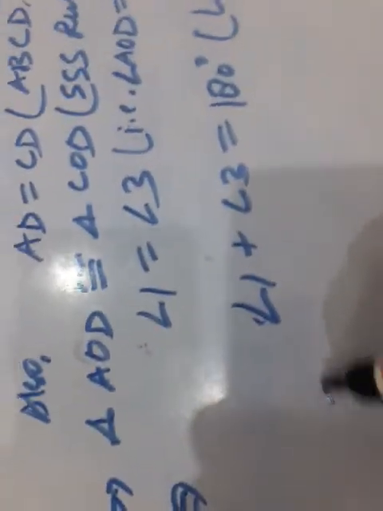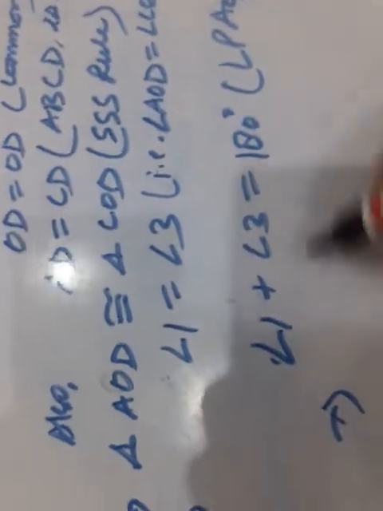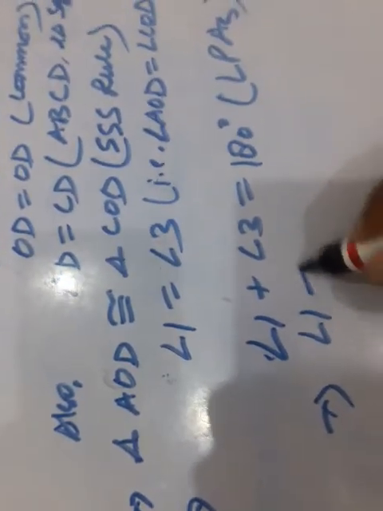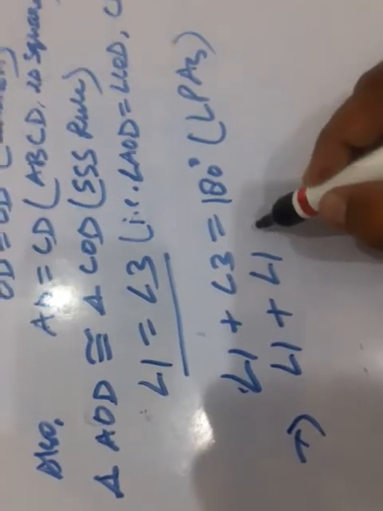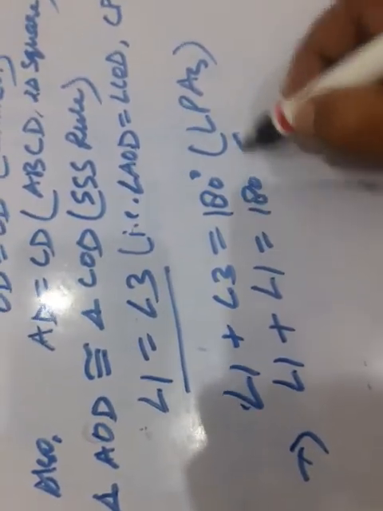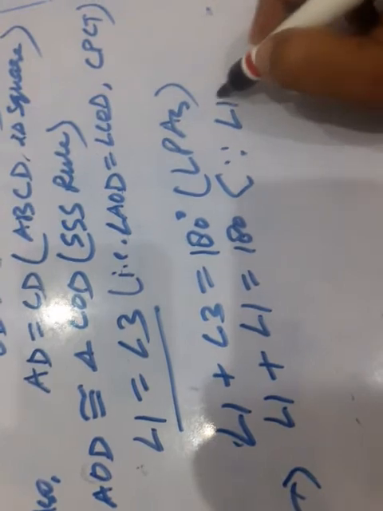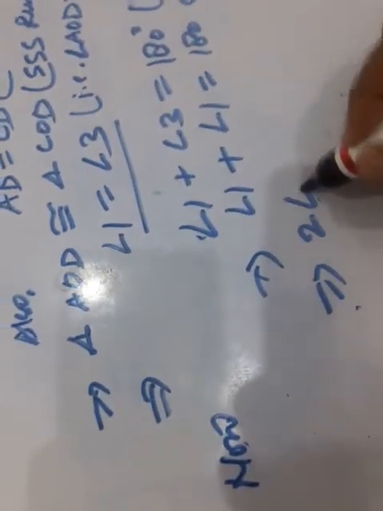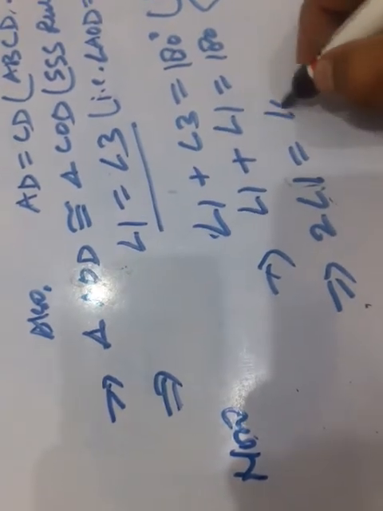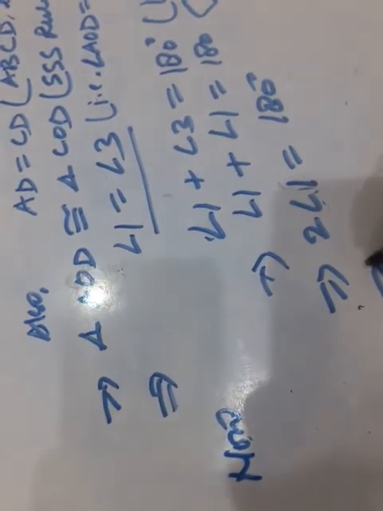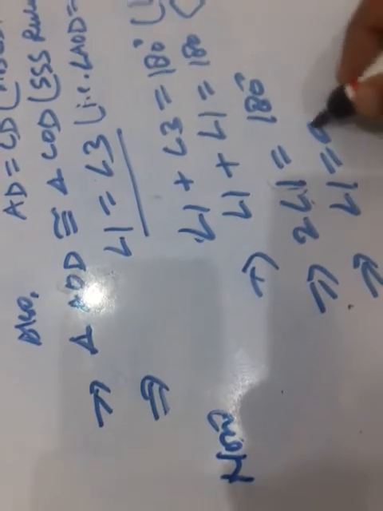This implies angle 1 plus angle 1 equals 180 degrees, because angle 1 equals angle 3. So 2 angle 1 equals 180 degrees, which implies angle 1 equals 90 degrees.